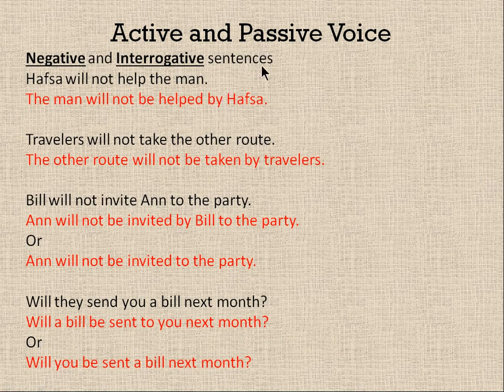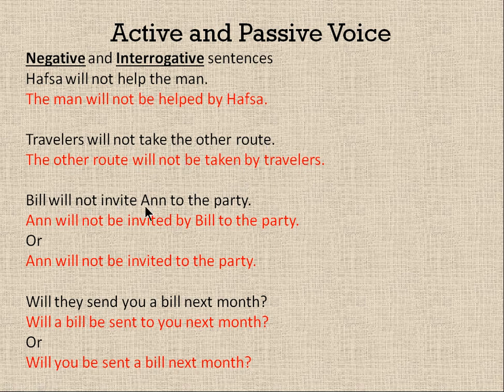Negative and interrogative sentences in future simple tense. Look at this. Hafsa will not help the man. So the man will not be helped by Hafsa. Travelers will not take the other route. The other route will not be taken by travelers.